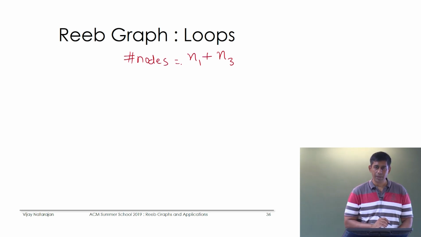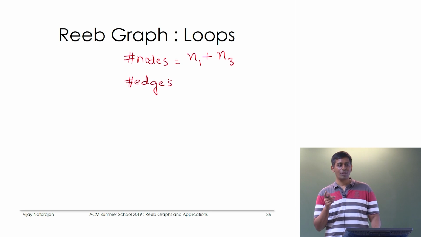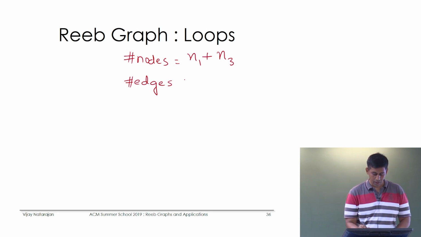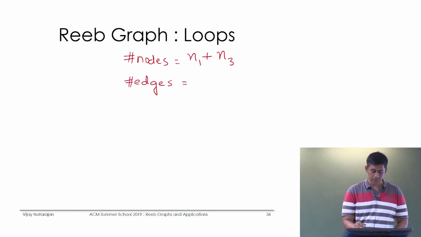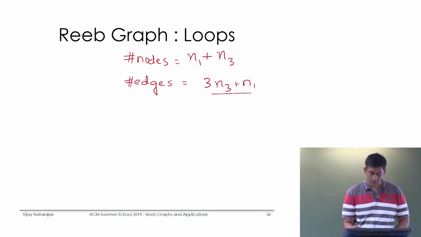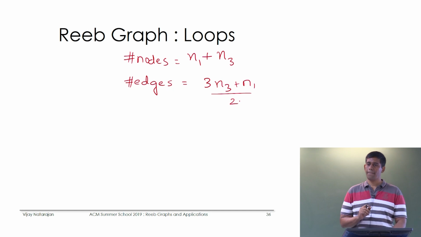Okay. How many edges? Say that again, please. How many edges? 3 n3 plus n1 over 2. Fine.